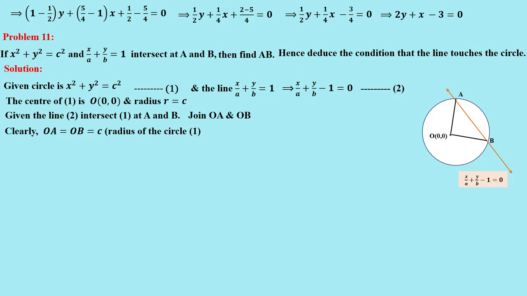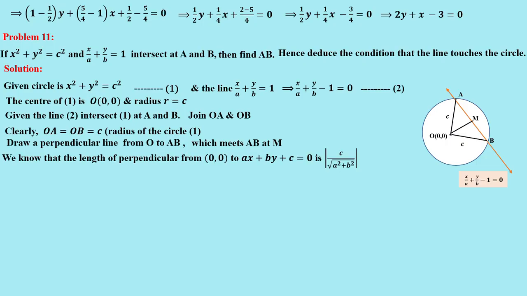Clearly OA and OB are radii of the circle, equal to c. Draw a perpendicular line from O to AB, which meets AB at M. OM is the perpendicular to AB, or the perpendicular distance from the origin, both are the same, note that.